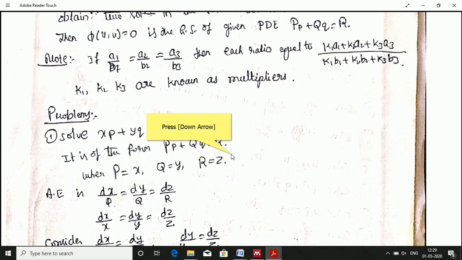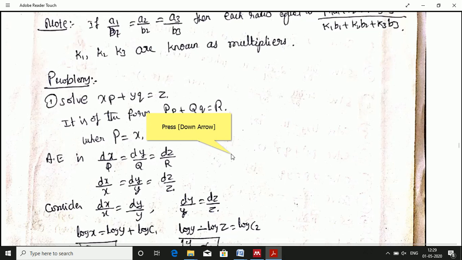One such property is, if a1 by b1 is equal to a2 by b2 is equal to a3 by b3, then each ratio is also equal to k1 a1 plus k2 a2 plus k3 a3 by k1 b1 plus k2 b2 plus k3 b3, where k1, k2, k3 are known as the multipliers. By choosing the appropriate multipliers we need to convert that into an integrable function. That is the meaning.